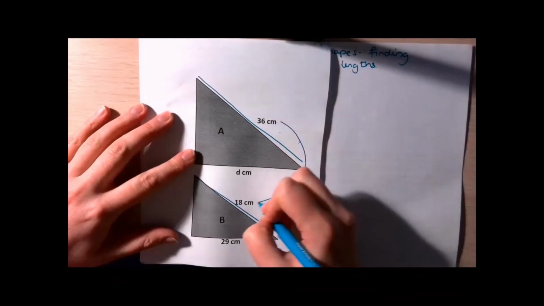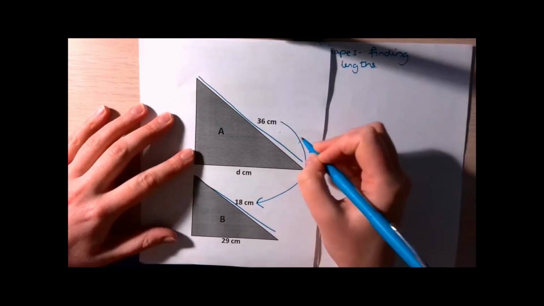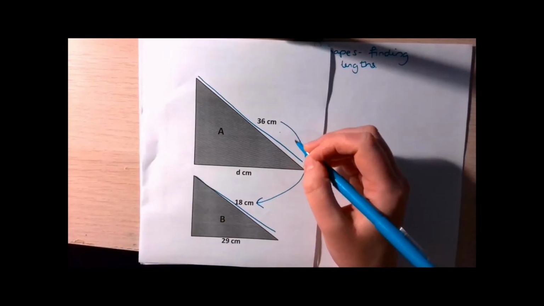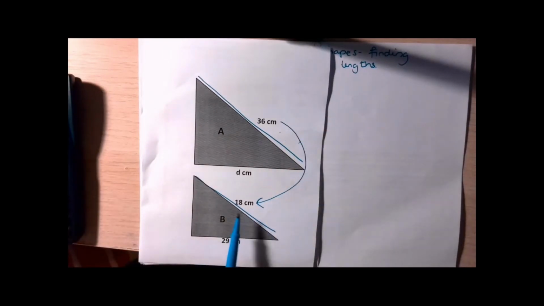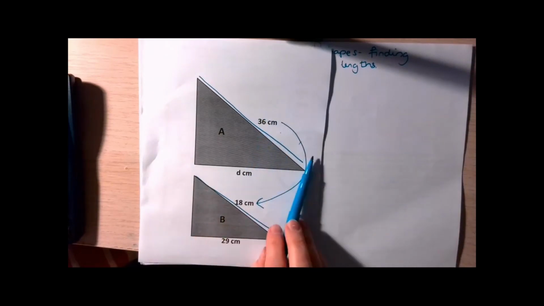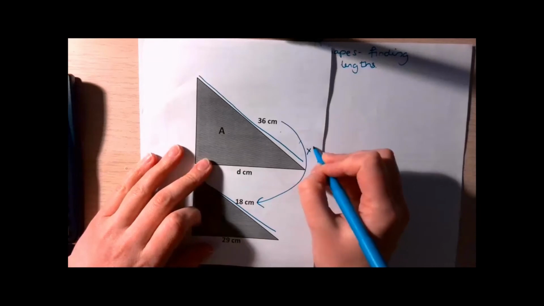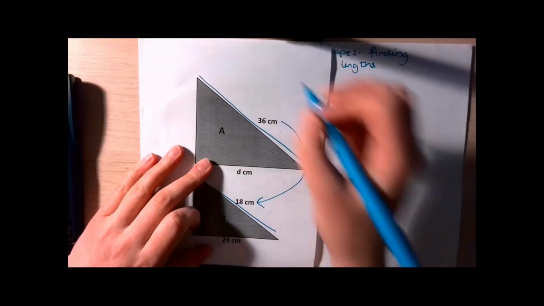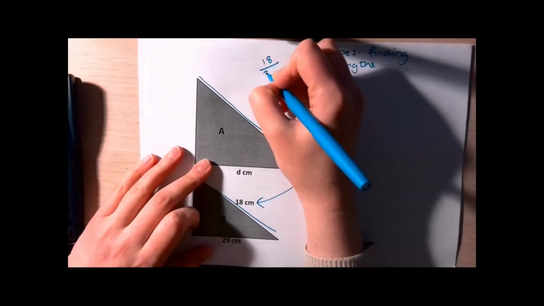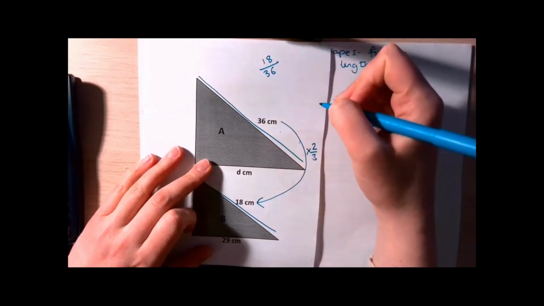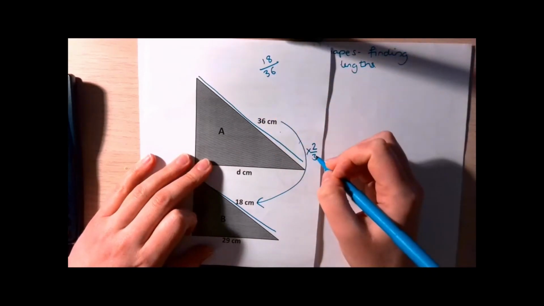So 36 multiplied by, excuse me, now this is where the little trick on the calculator comes in handy. You could do 18 divided by 36 to get that fraction, which would actually be 2/3, okay, oh sorry, where am I at?